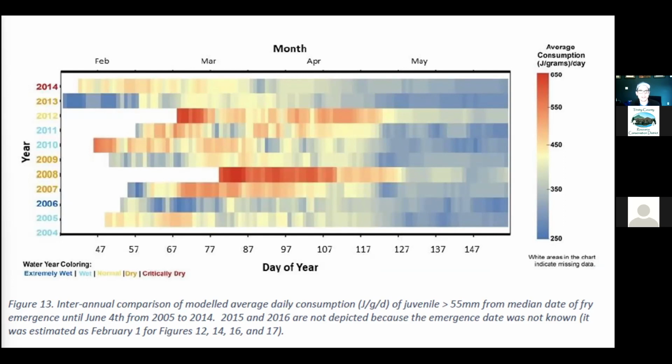But instead what we see is this blue, yellow, sometimes red, depending on if it's a dry or water year. And then this blue, which is the drop in temperature associated with the rod flows. So basically we're limiting growth during the rod flows.